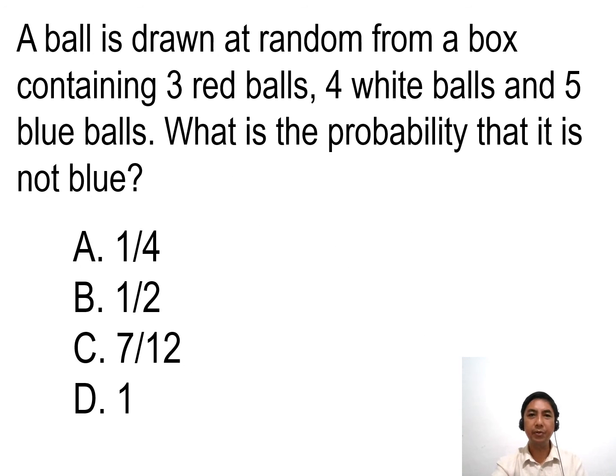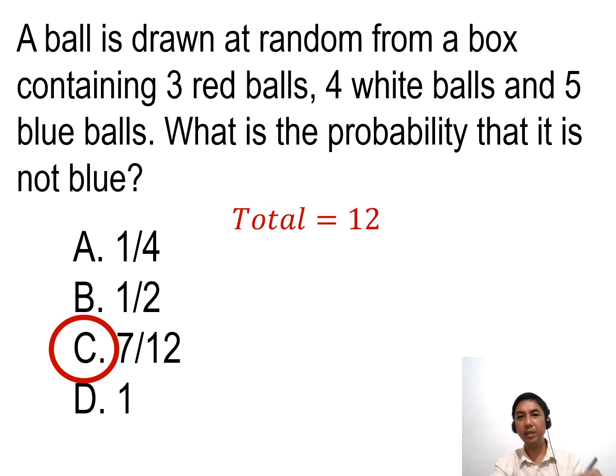A ball is drawn at random from a box containing 3 red balls, 4 white balls, and 5 blue balls. What is the probability that it is not blue? Okay, sagot natin dito ay 7 over 12. First and foremost, we need to determine the total number of balls. So 3 plus 4 plus 5 is 12. So the total number of balls is 12.